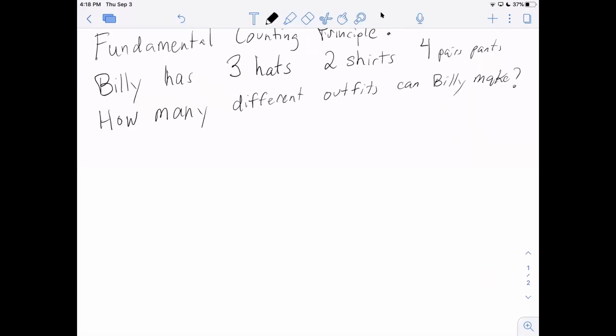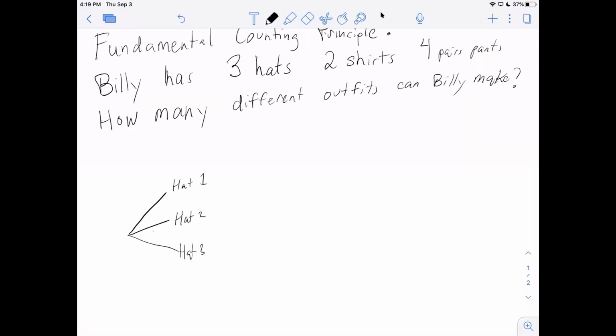And Eddie's description of starting with the first 2 and thinking about those possibilities, I really like that. So start with the 3 hats: hat 1, hat 2, and then hat 3.